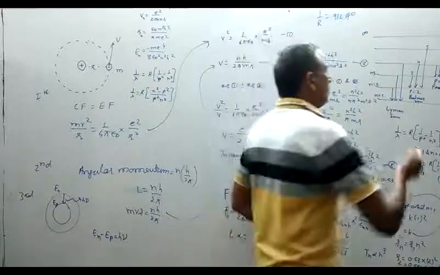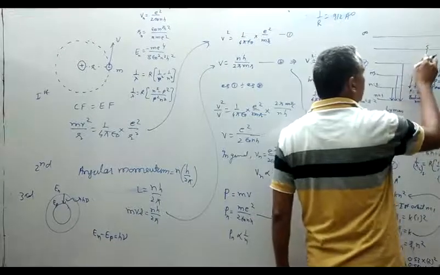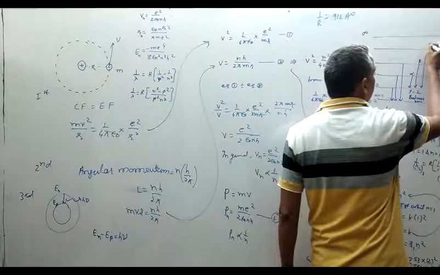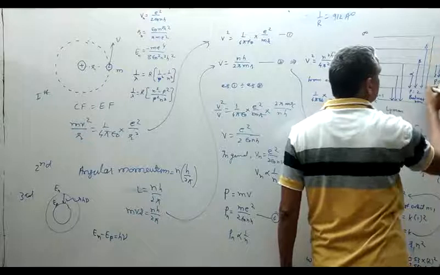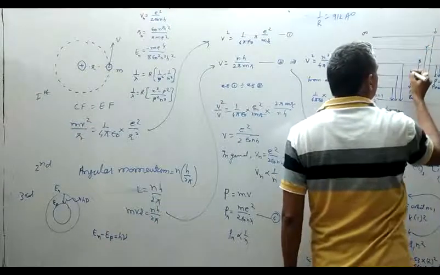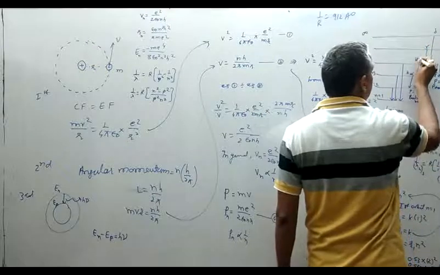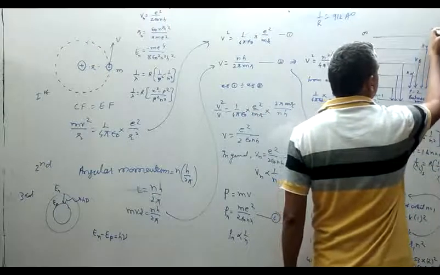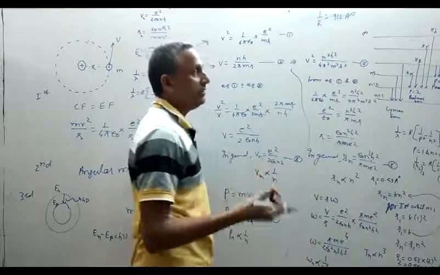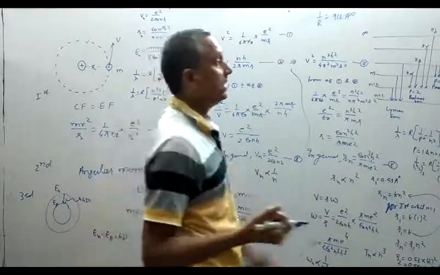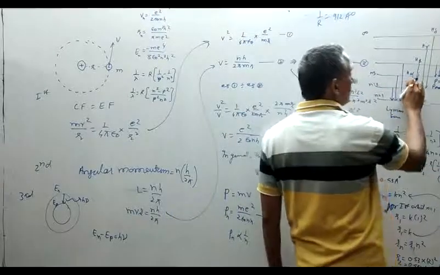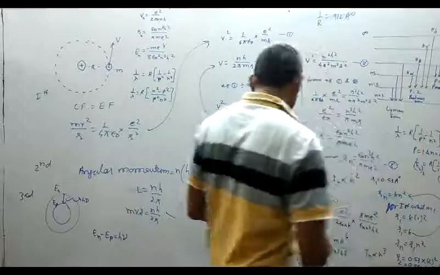Now for the Balmer series, the lines are represented by alpha, beta, gamma and delta: H alpha, H beta, H gamma and H delta. If you have to calculate the wavelength of the H alpha line, the value of P is 2 and N is equal to 3.